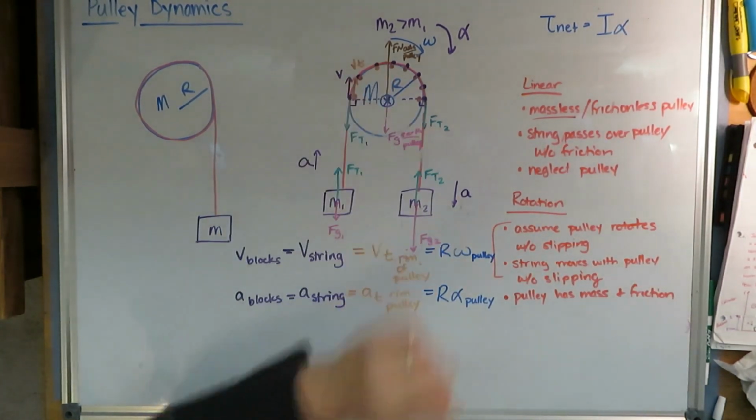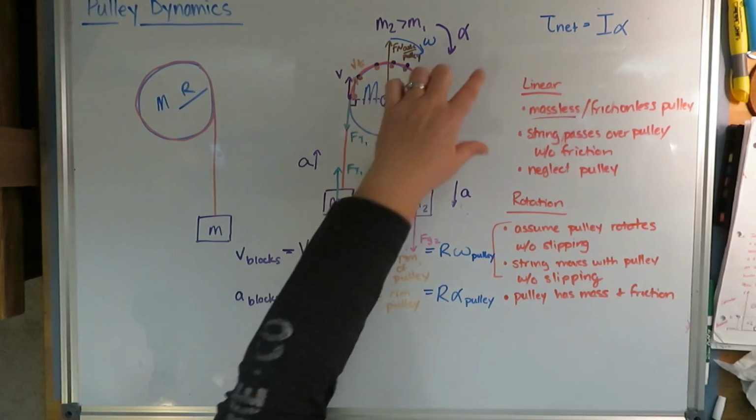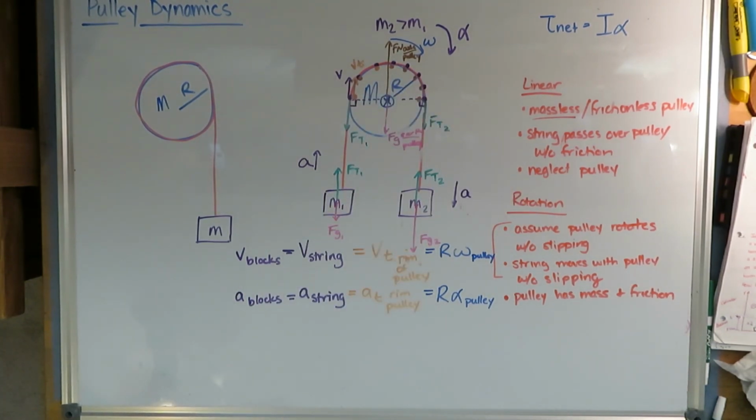Well, what's exerting torque on the pulley? The normal force and the gravitational force are assumed to act at the axis of rotation, so they aren't going to have a contribution to torque. But the tension forces do. So if I'm going to have an angular acceleration, that means that the torque due to tension 2 must be larger than the torque due to F_T1 in order for there to be an angular acceleration, in this case in the clockwise direction.